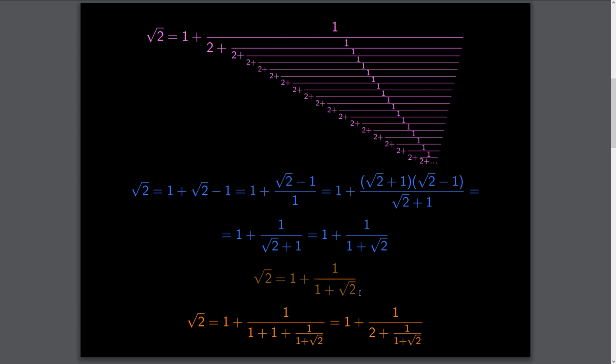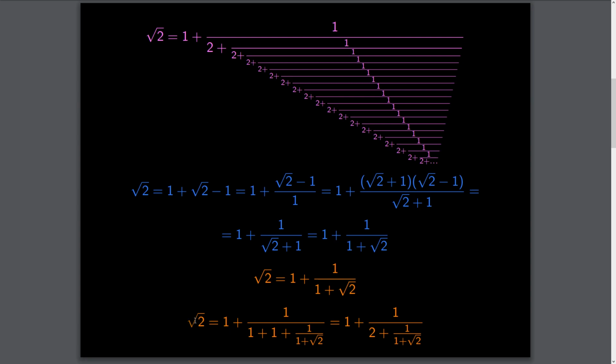And actually, you should obviously see that in the denominator, the entire expression just appears. So what you want to do now to achieve this desired form is to substitute square root of 2 with the entire expression. So when there is square root of 2 in this expression, you are simply substituting it by 1 plus 1 divided by 1 plus square root of 2.